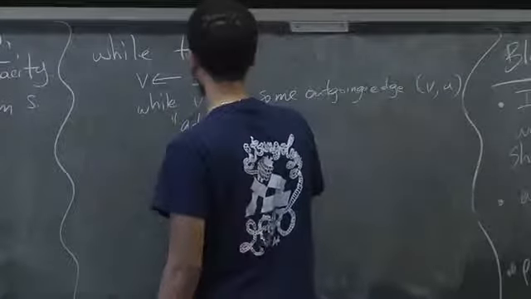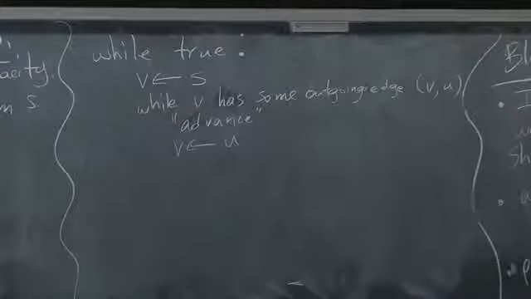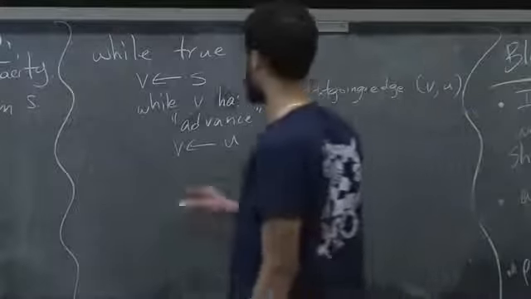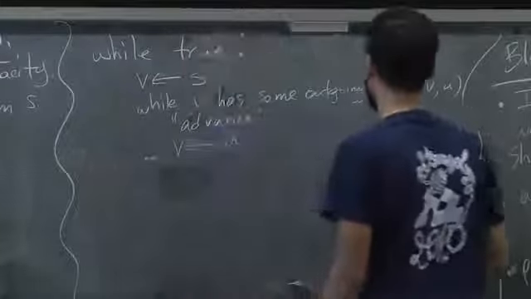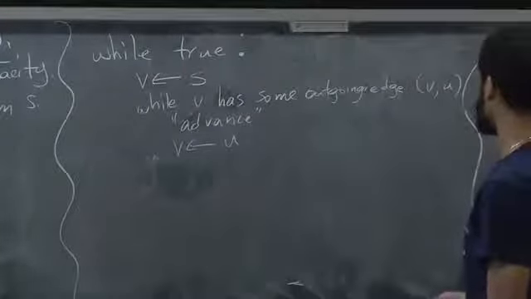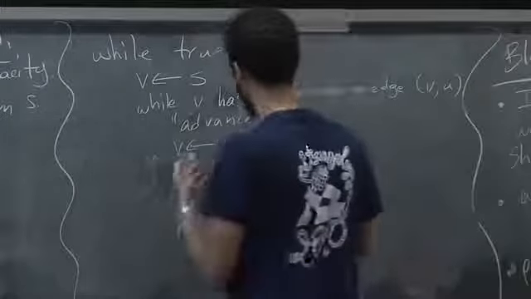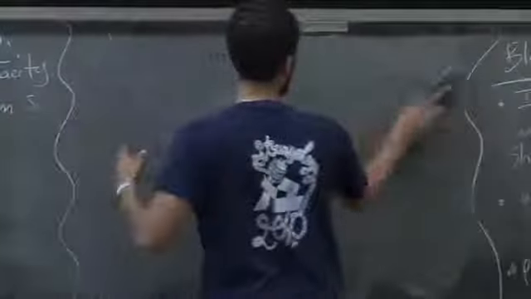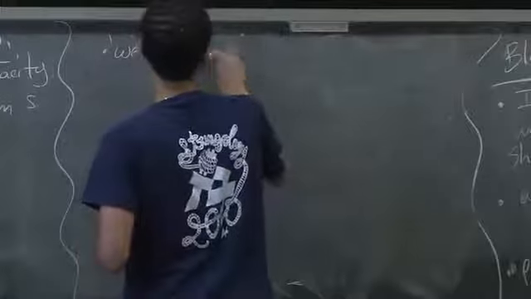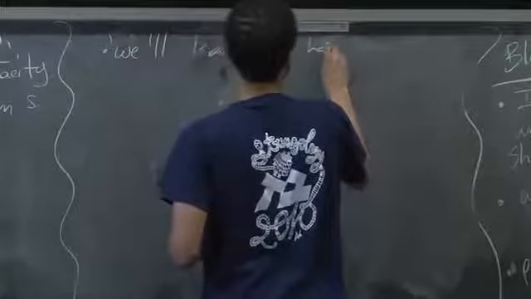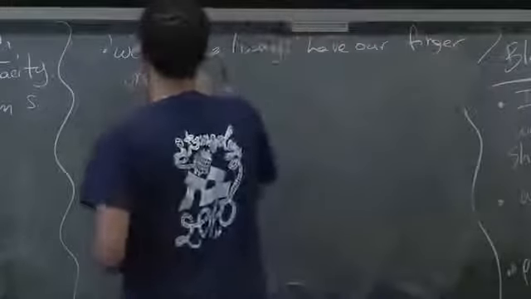And by that I just mean that V goes to U. So we move to vertex U. Actually, sorry, I shouldn't have written it this way. Let me say this. We'll always have our finger on some vertex V.